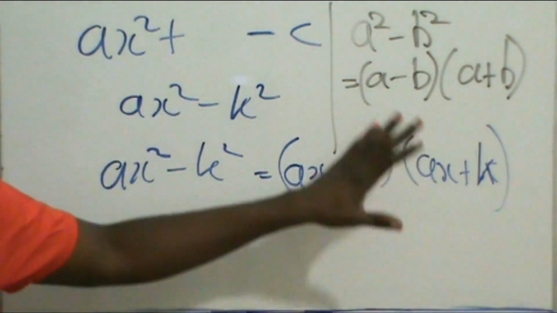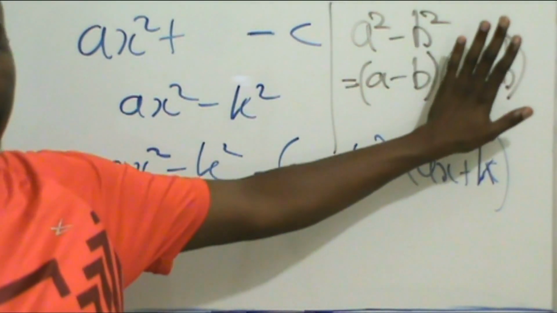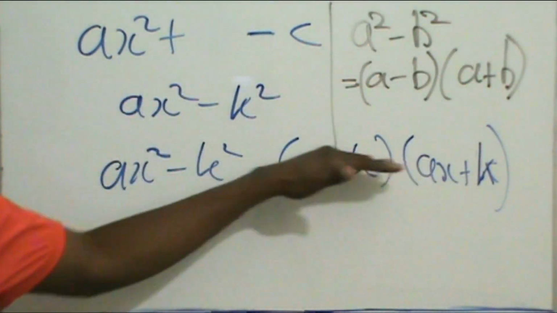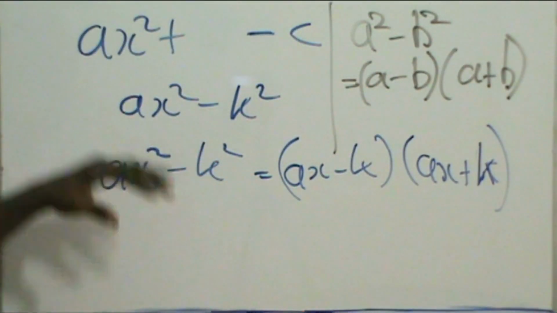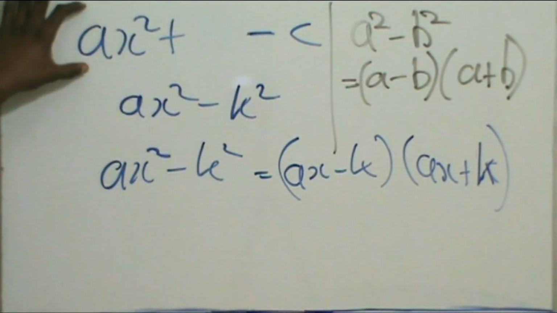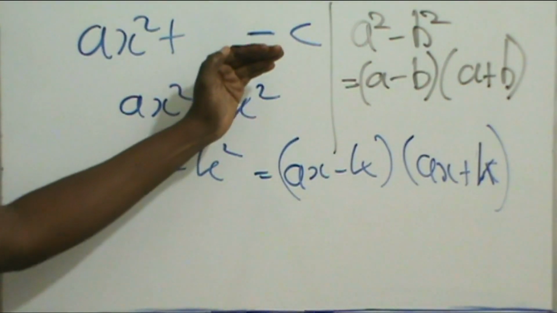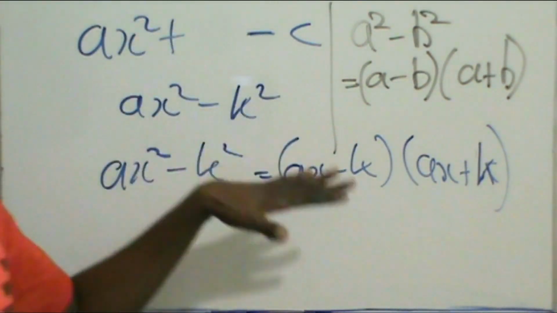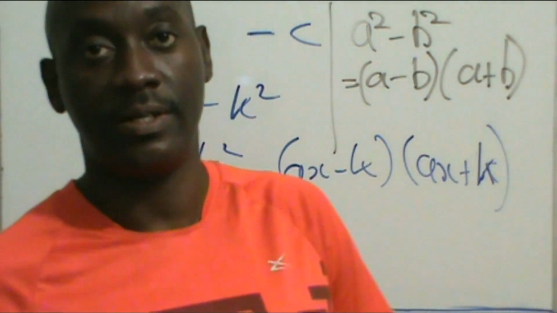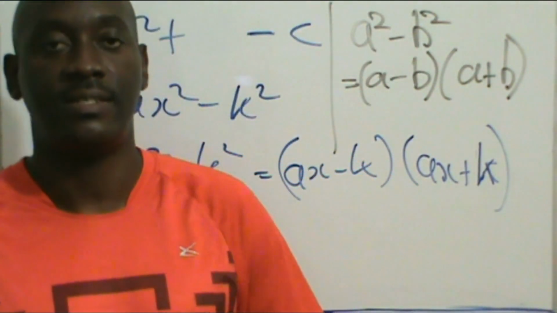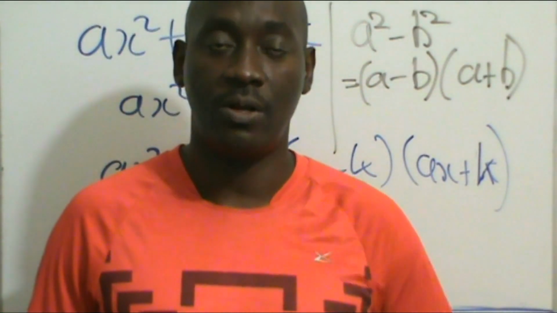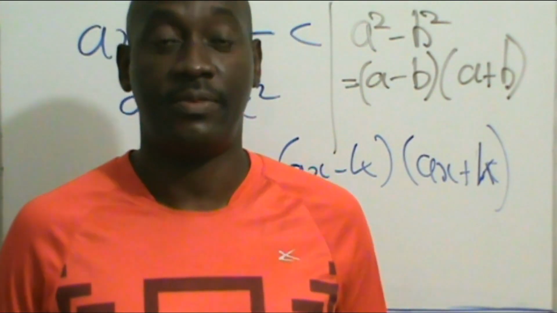So if you want to learn it like this, that is fine, but I went through this here just to show the progression from the original quadratic ax squared plus bx plus c, where we impose certain conditions on that. Conditions being that your coefficient b is equal to 0 and the constant c is negative, and also the constant c is a perfect square.